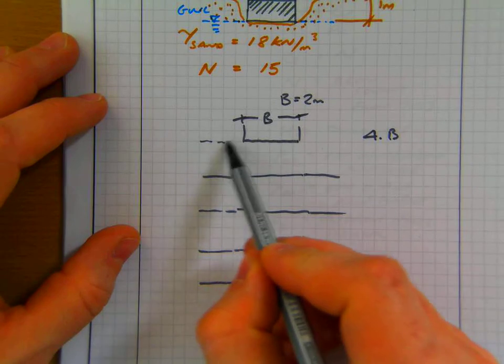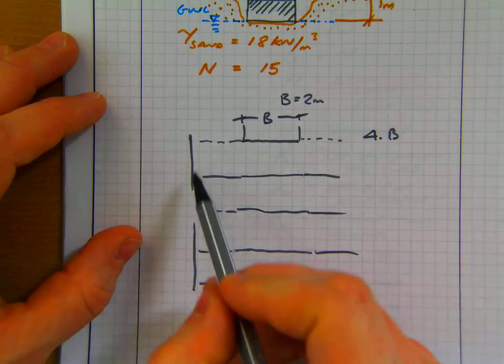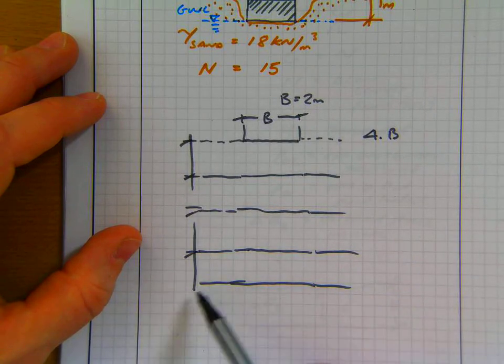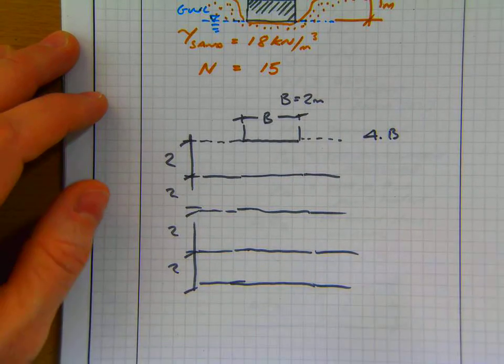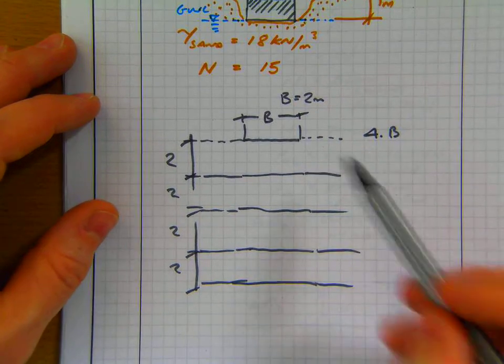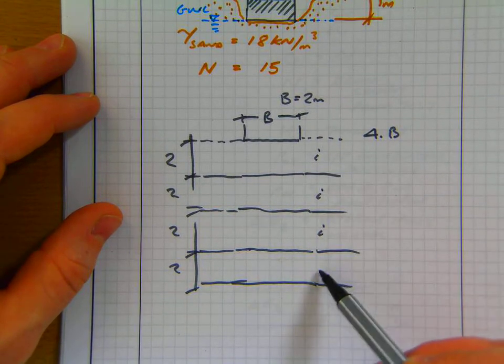So this is our formation level, and we're going down in 2 meter increments: 2, 2, 2, 2. And for each layer, we're going to look at how much settlement we have in each of these layers.